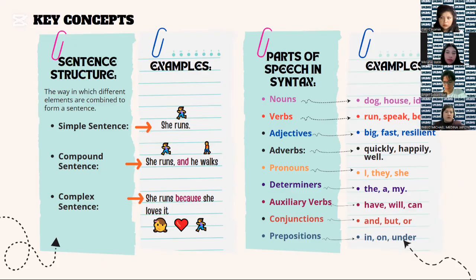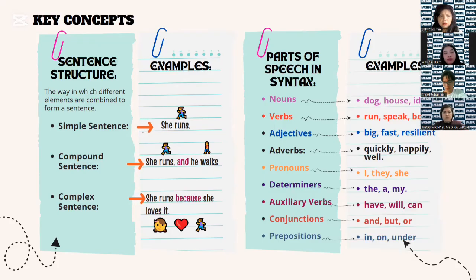Now, let's go over the parts of speech that are important in syntax. Each one plays a role in sentence structure. We have nouns, which are names of people, things, or ideas. For example, dog, house, freedom, idea, etc. Verbs show actions or states of being, like run, speak, or be.